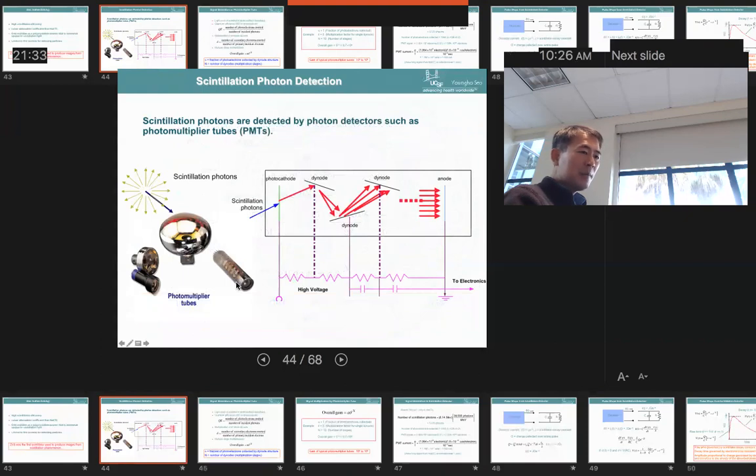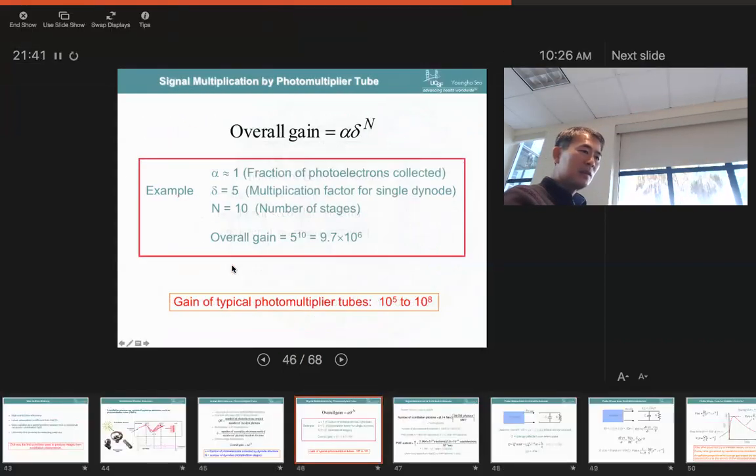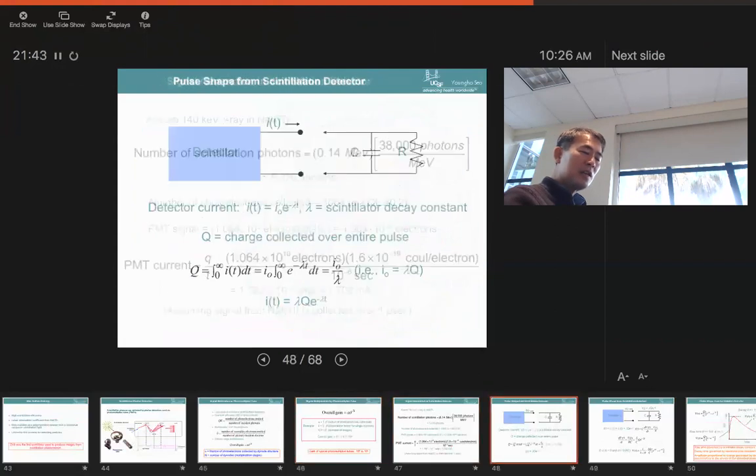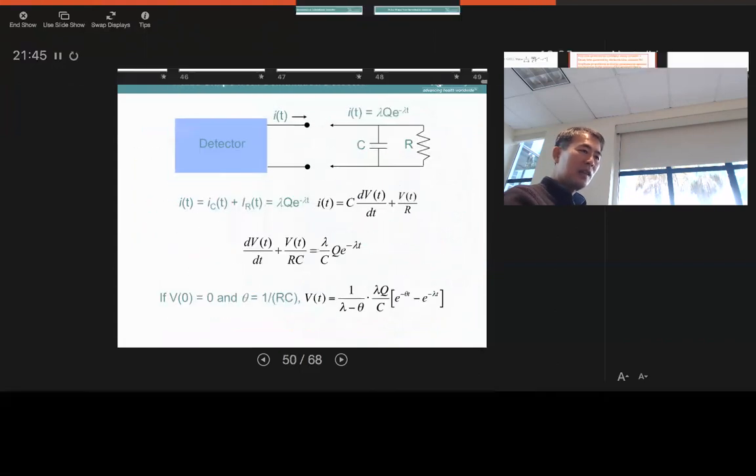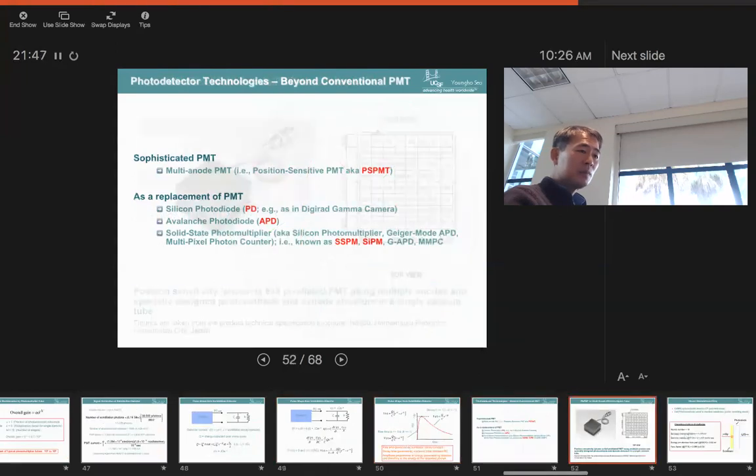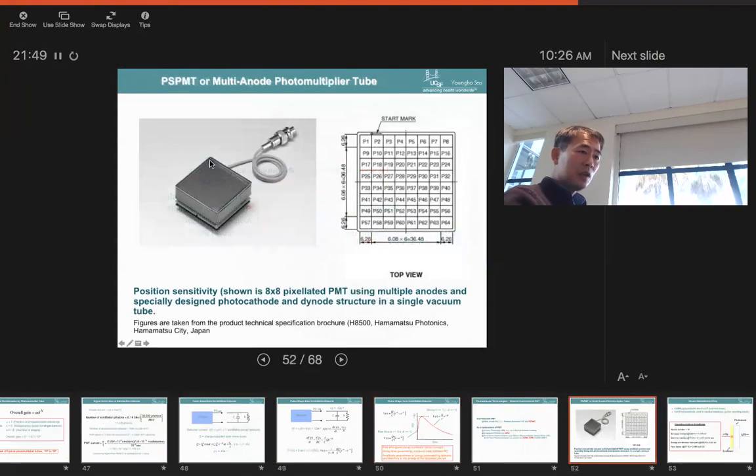But if you make this internal structure and multiply it in a tiled-up fashion, what you can make is this multi-anode or position sensitive PMT. And it could just look like this, which is one example. Each individual rectangle there is the internal structure of the dynode chain of a single PMT.